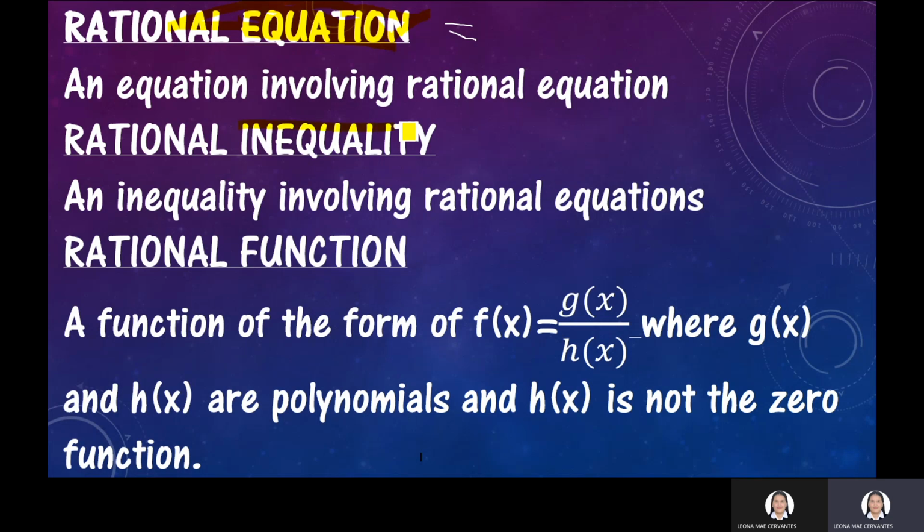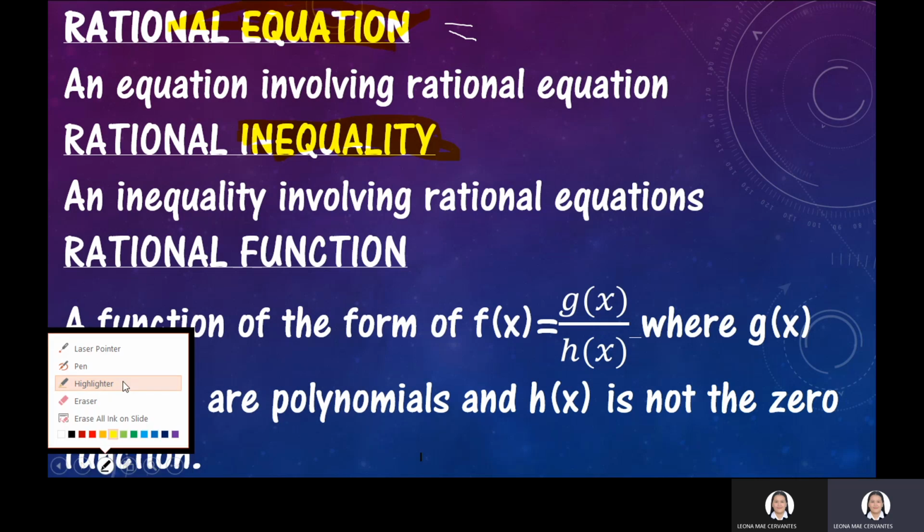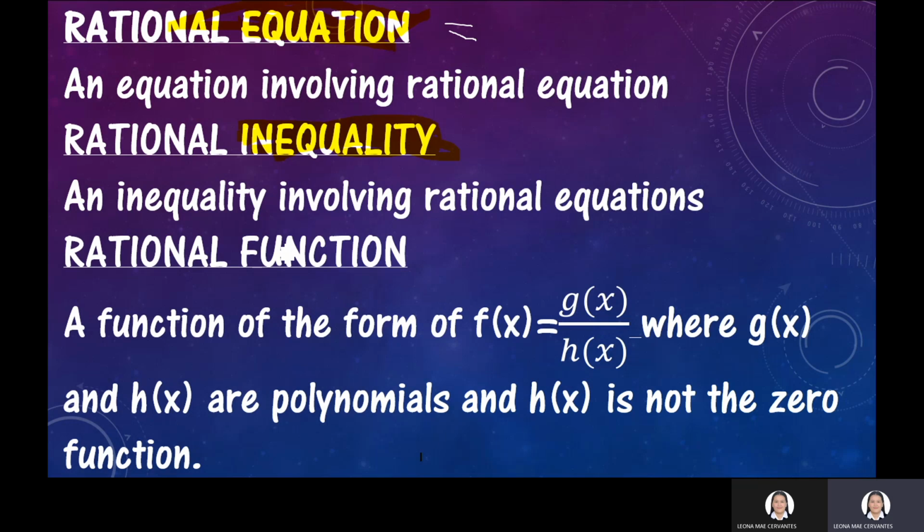Next is rational inequality. A rational inequality is an inequality involving rational expressions. So, this time naman, rational inequality. Inequality means not equal. It can be greater than, less than, or not equal.